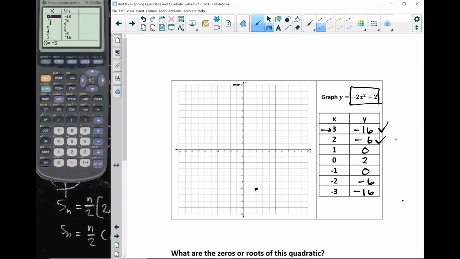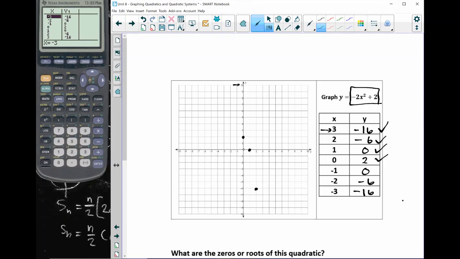So I've graphed that one. Then for 1, 0, I'm going to go over 1, and I'm going to stay on the x-axis because the y is 0. Now you can see that because this point is on the x-axis, this point is a root. Moving on, 0, 2 means I'm going to stay right at the origin and move up 2.